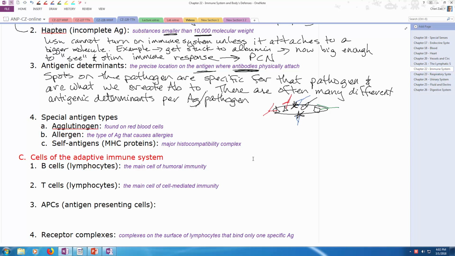And we have some very special antigen types that have special names because they are commonly associated with certain things, such as an agglutinogen, which is what we call the antigen that we will respond to on red blood cells. And if we have a red blood cell, and there are 4 different types of red blood cells, correct?